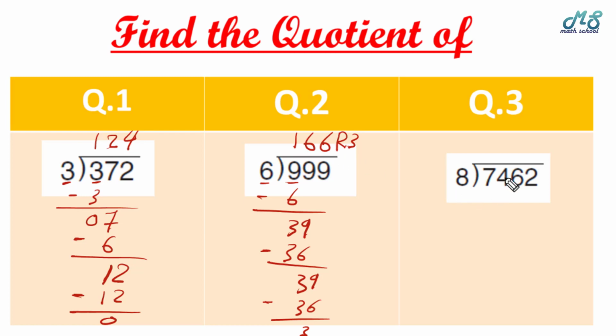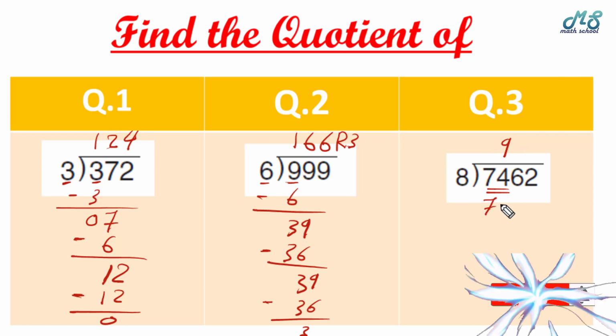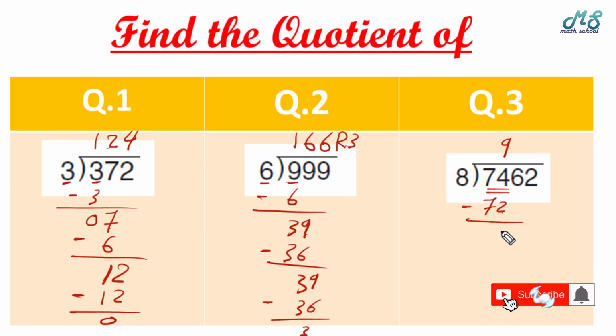Next, 7 divided by 8, it doesn't work. Take the first two digits, 74. Divided by 8 equals 9. We studied before 9 times 8, 72. 72 is the closest number to 74. 9 times 8, 72. Draw a line and subtract. The difference will be 2. Bring down the next digit, which is 6. 26 divided by 8 equals what? Equals 3. 3 times 8 equals 24.